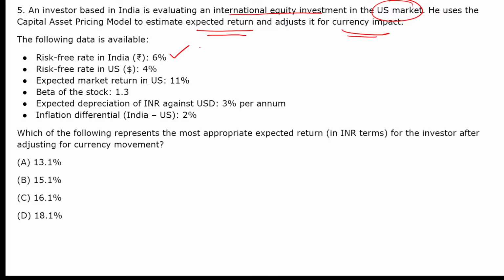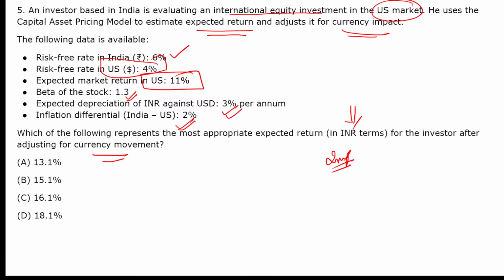Risk-free rate in US is given, expected market return in US is given, beta of the stock is given, expected depreciation of INR is 3% per annum, and inflation differential is also given as 2%. Which of the following represents the most appropriate expected return in INR terms? Important: they're asking you for INR for the investor after adjusting the currency movement.